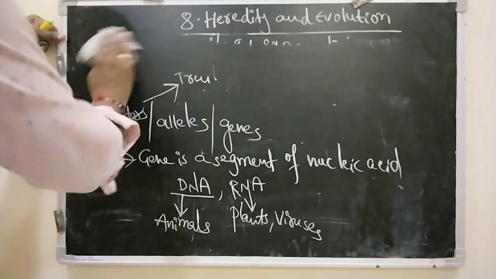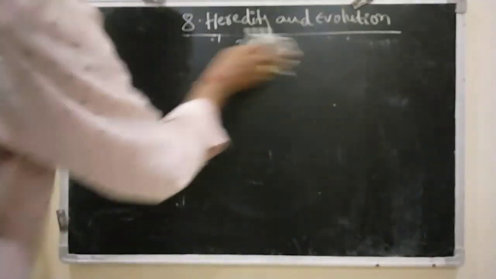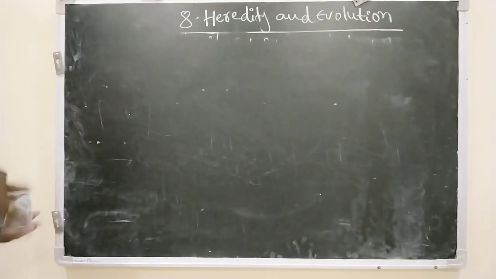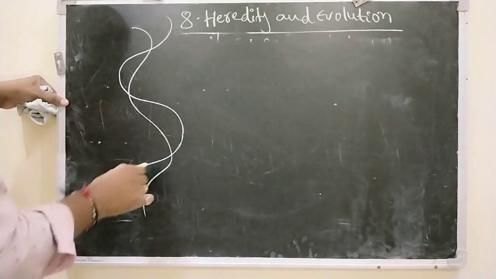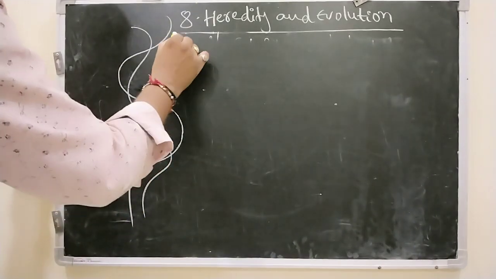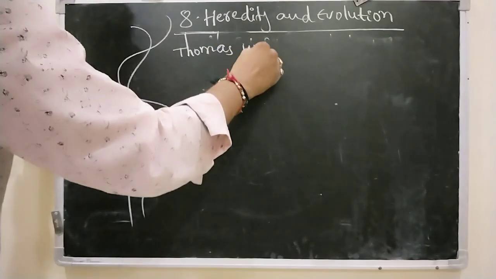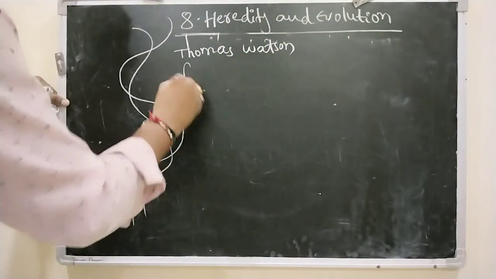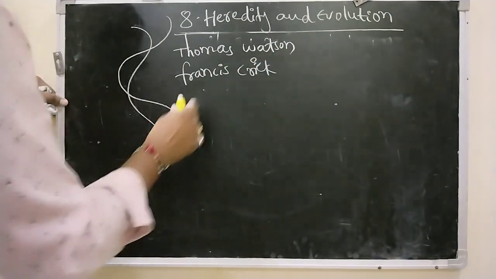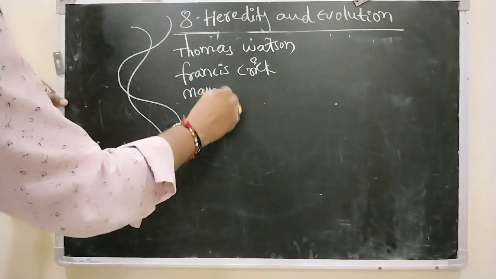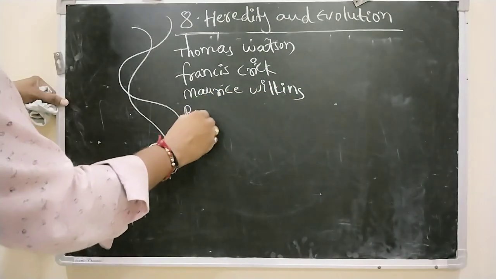Next, who discovered the double helical structure of DNA? The DNA structure is like a double helix. This was discovered by four scientists: James Watson, Francis Crick, Maurice Wilkins, and Rosalind Franklin.